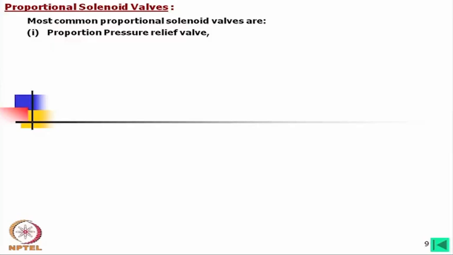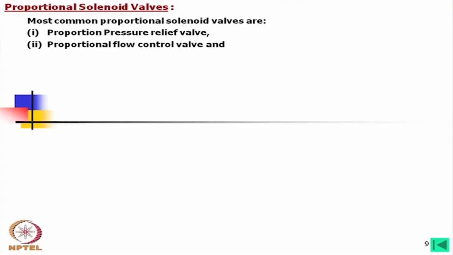Due to that much change, we will get this output proportionally. This means that in setting the relief valve at a particular pressure, we can vary it depending on the load we are handling, and by that process we can save energy also, because relieving at a low pressure means less energy loss.